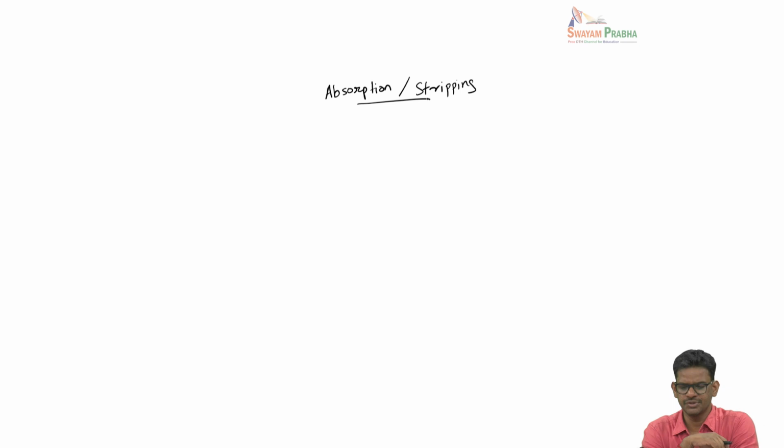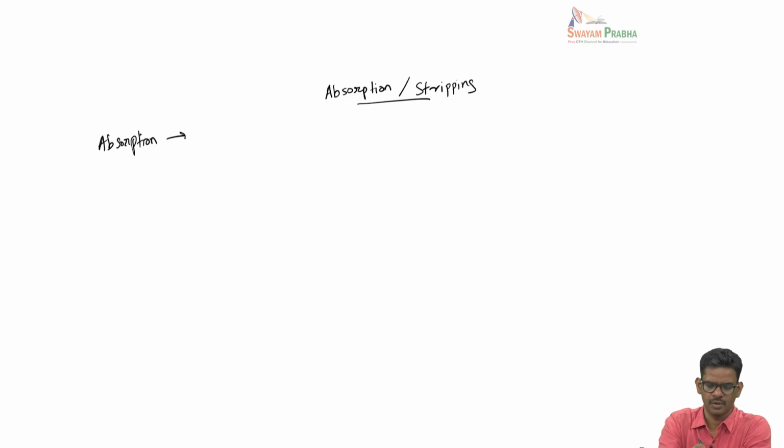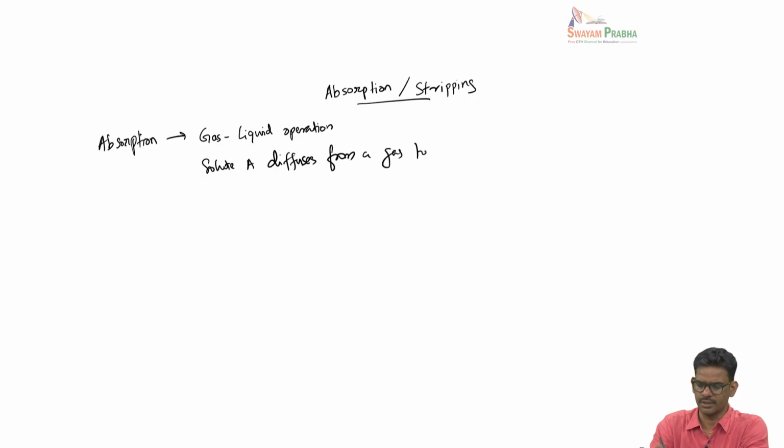So we will discuss absorption and stripping, which are basically similar kinds of processes. It's just a matter of the direction of solute transfer. So in absorption, it's basically a gas liquid operation, and a solute A diffuses from a gas to a liquid.